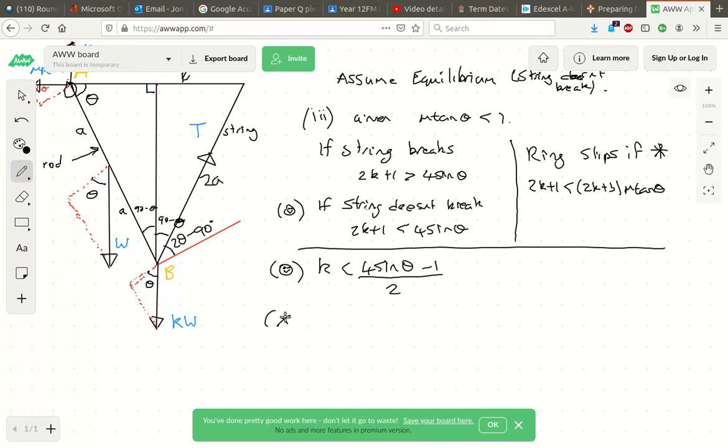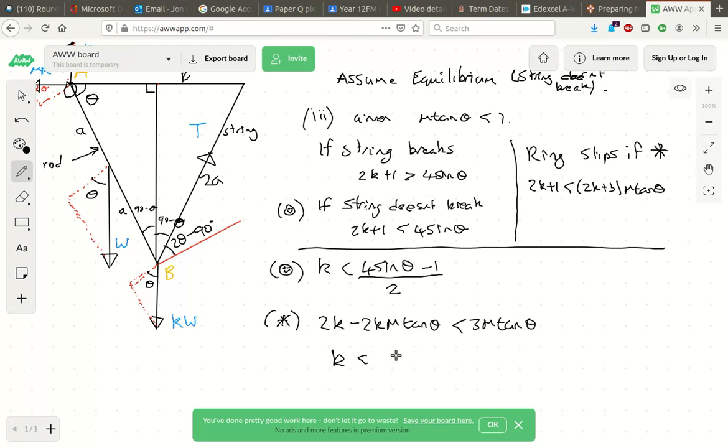Similarly, from the star, I can see that, now this is going to take a little bit more work to get this in terms of solely k. If you rearrange it, you can get 2k minus 2k mu tan theta is going to be less than 3 mu tan theta. And let's just rearrange that so it's in terms of k.